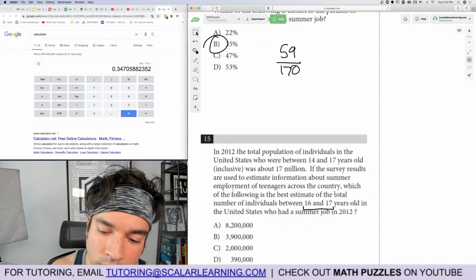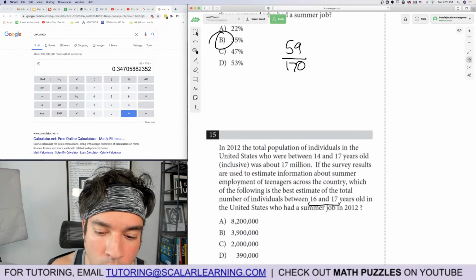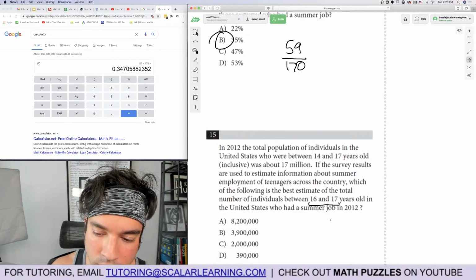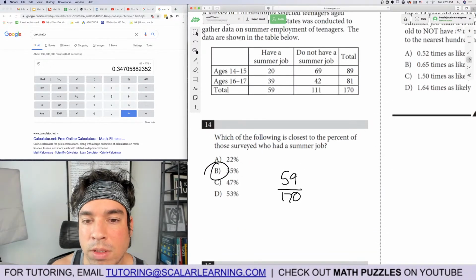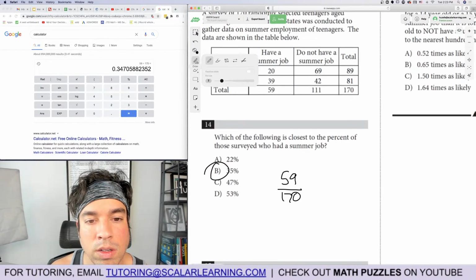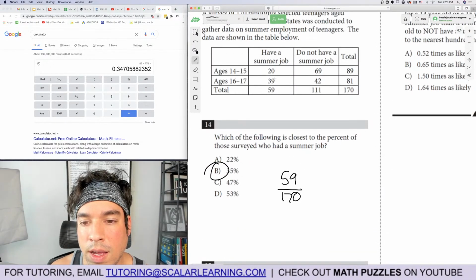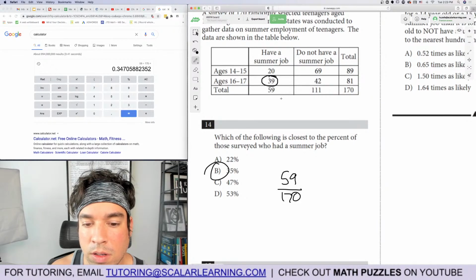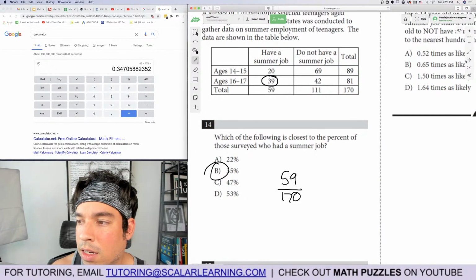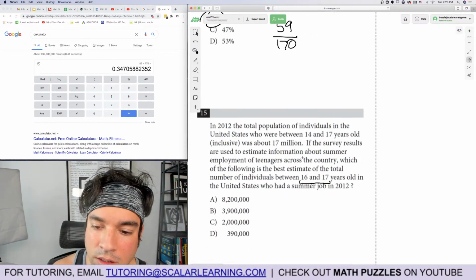Wait. Is the best estimate of the total number of individuals who had a job. 16 and 17. Have a job. So 39 out of 170.